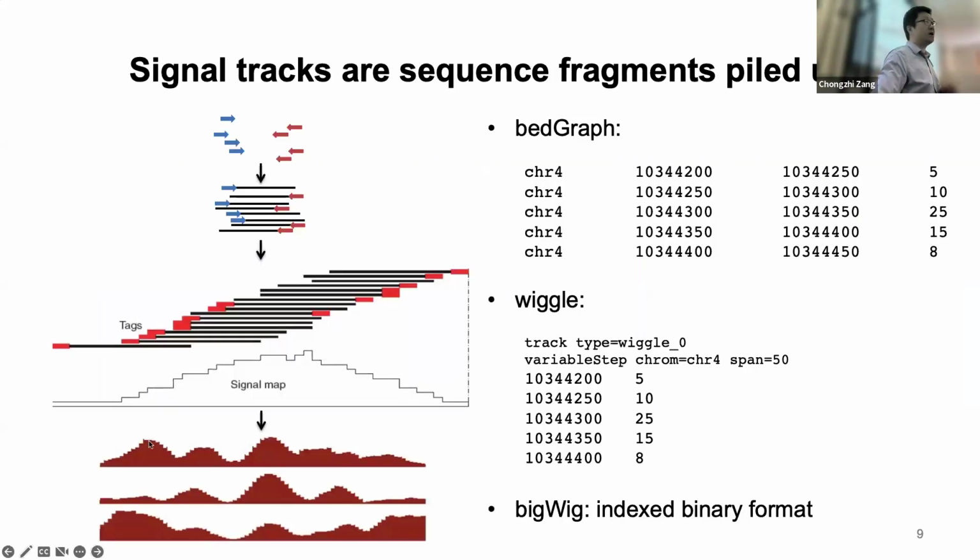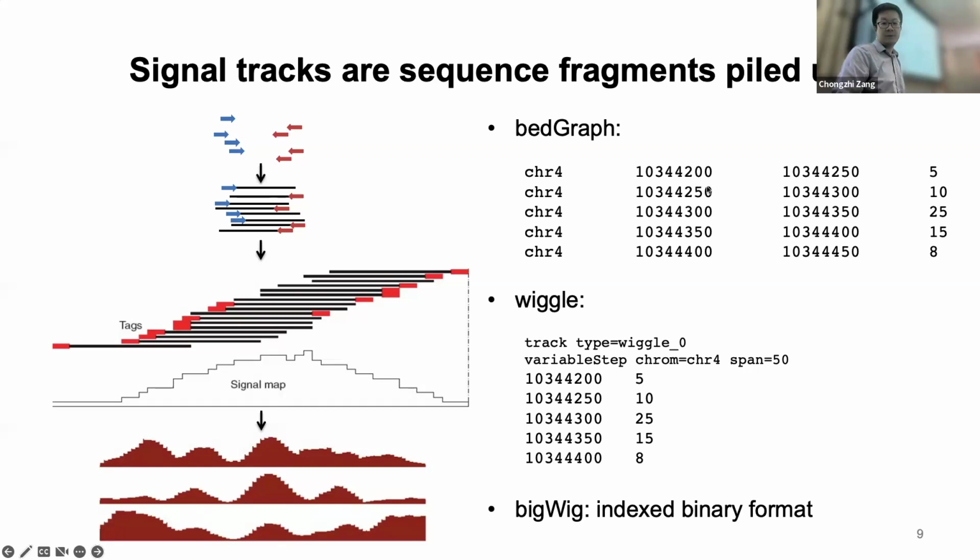So once we generate these types of tracks, we can see the different data formats used to represent them. One data format is called bedGraph. You can easily understand that it directly gives you the chromosomal coordinates: which chromosome it is, what the start position is, and what the end position is. Usually they generate different bins.